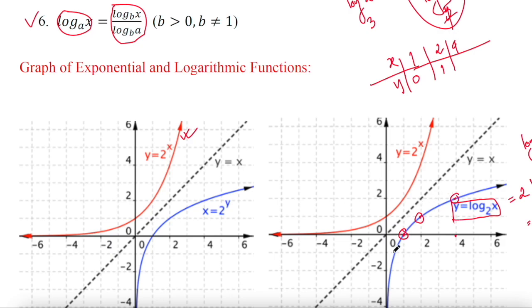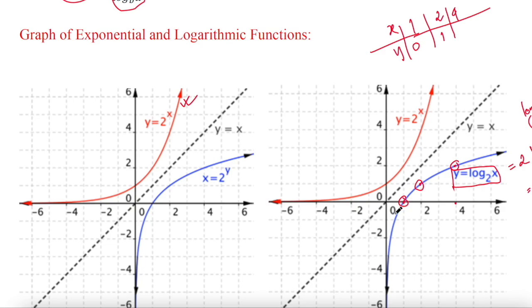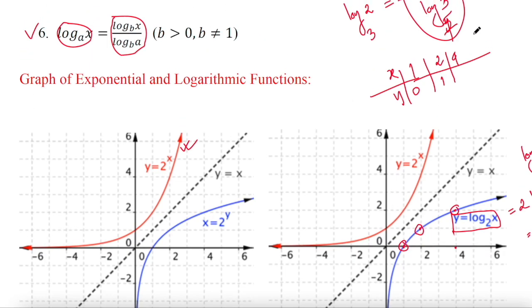And what happened for the lower value of 1, when x is below 1? For example, when x equal to half, then it will be log 2 to the power negative 1 to the base 2, which is negative 1.